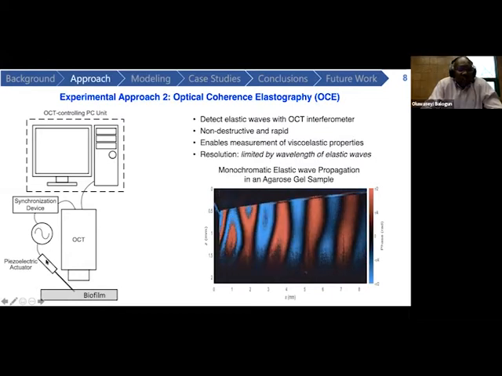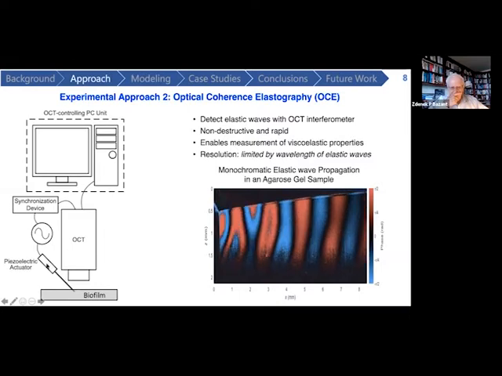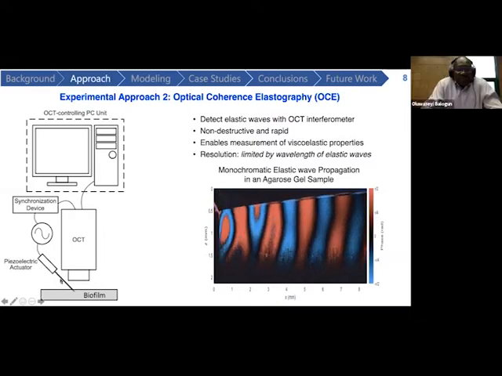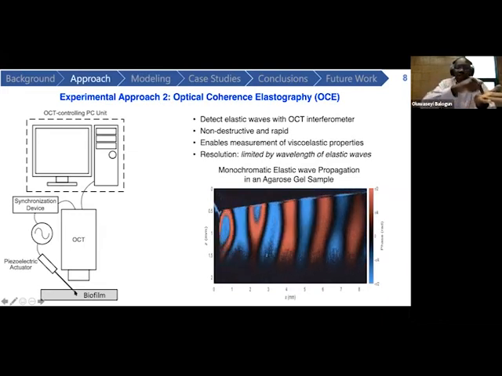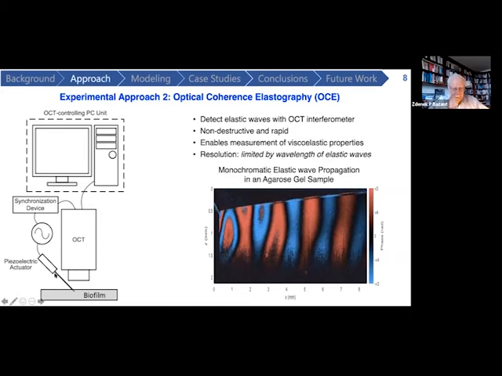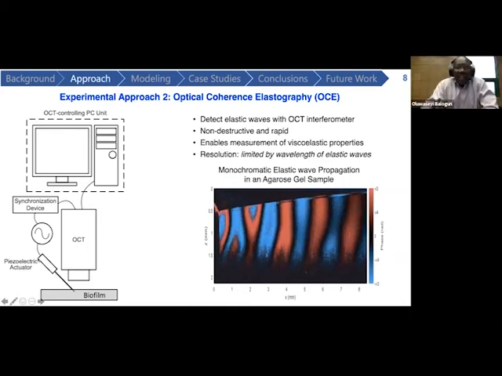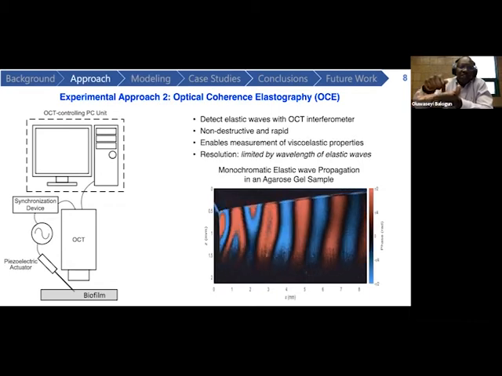The way we do our measurements is we take a piezoelectric actuator, which is connected to a mechanical actuator, just a needle syringe that taps on the surface at the frequency at which the piezoelectric actuator is driven, and that creates periodic mechanical contact at the biofilm.